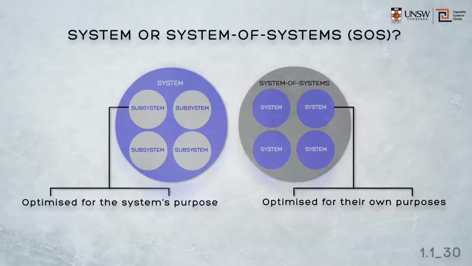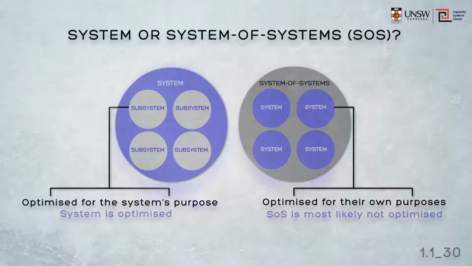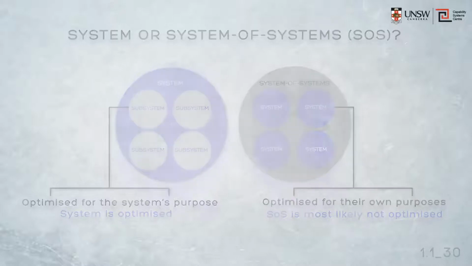From the higher level perspective then, a system of systems is most likely not optimized because the elements, the systems, were first optimized for their own purpose before joining that system of systems. Now, with system of systems and systems, the distinction becomes quite blurred. So in this course, we'll leave it alone. We're focusing on systems whose elements are all subsystems, systems that are systems genuinely in their own right.